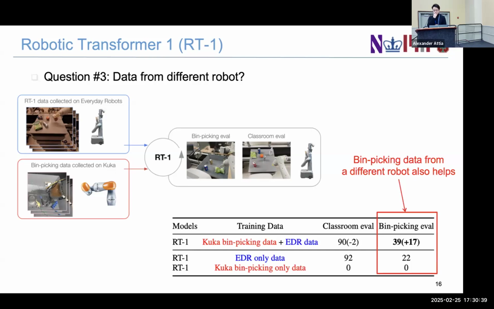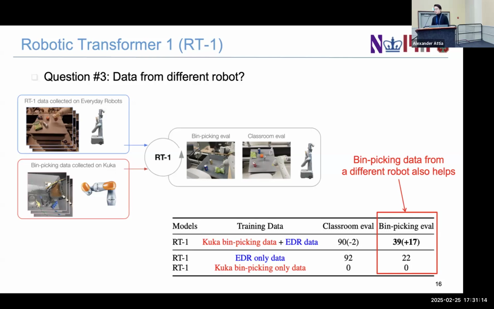You can see from the first row that they're training on both data sets. By training on both, the robots tested on bin picking evaluations have some very nice improvements over the baseline that was only trained on the Everyday Robotics data. That means if you include data from other embodiments, and that data shares some similarities with the task you want your current robot to do, that data can still be valuable.